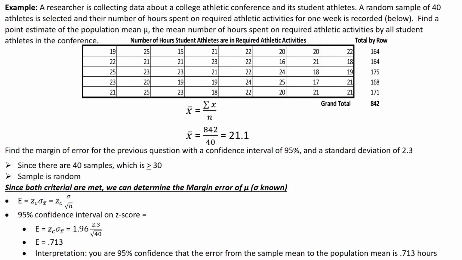And I got 1.96, and I'll show you how I found 1.96 on the next page. 1.96 times 2.3 divided by the square root of 40 samples. That ends up being 0.713. So I'm 95% confident that this sample has an error range of 0.713 hours, plus or minus, based on that 21.1 hours.